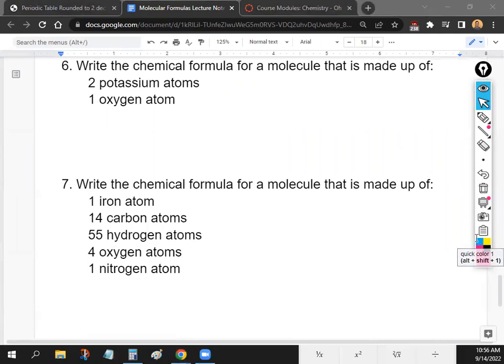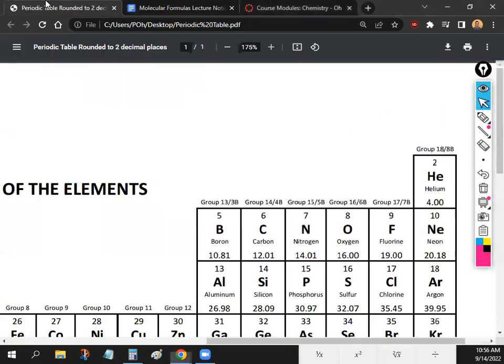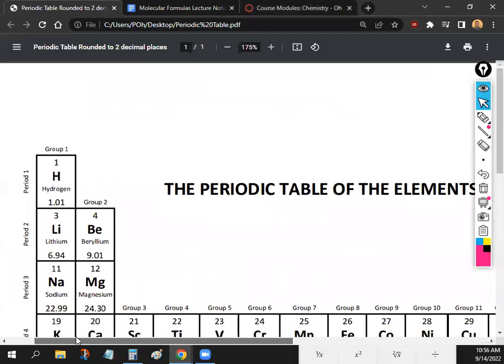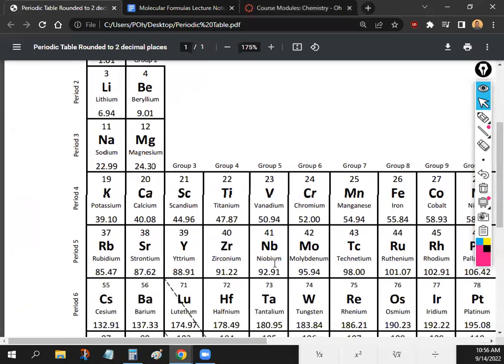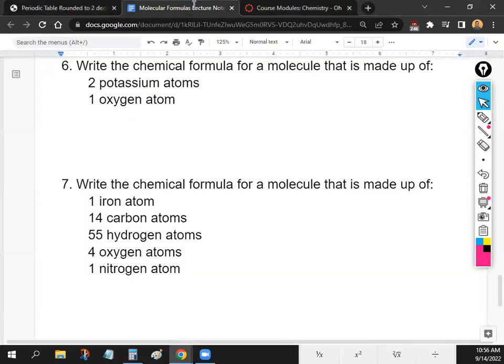Okay, so super simple. All you need to do is find out the symbol for these 2 elements and then just put the number behind them. So let's look for potassium. Potassium is on the far left. Okay, what's the symbol for potassium? Yeah, K, right here. So we're going to write K. And if there are 2 potassiums, we just write a 2 behind it.